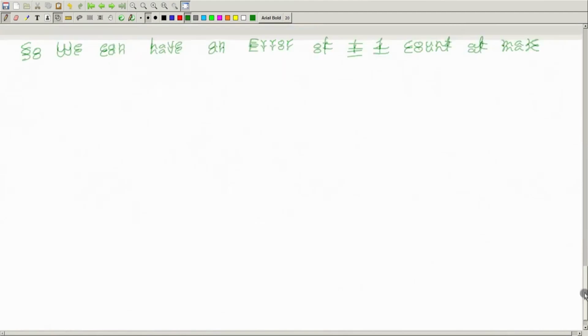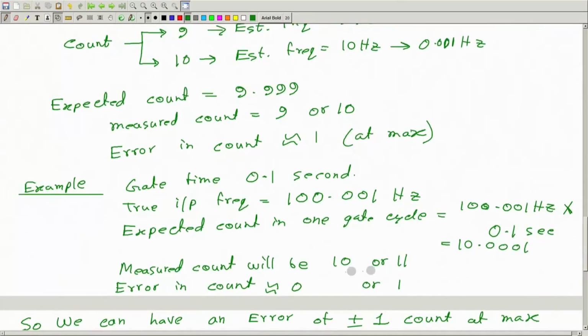Okay. In the previous two examples, in the second example, if the count comes out to be 11, this is a positive error, where the measured value is more: 11 is greater than 10.001.